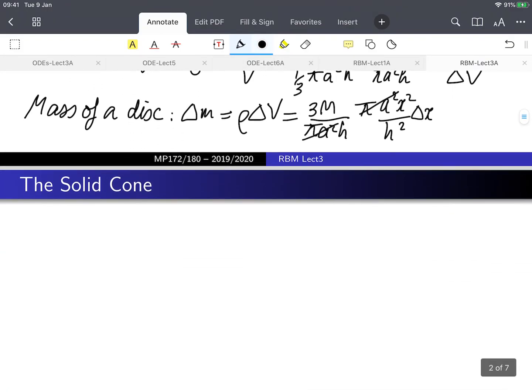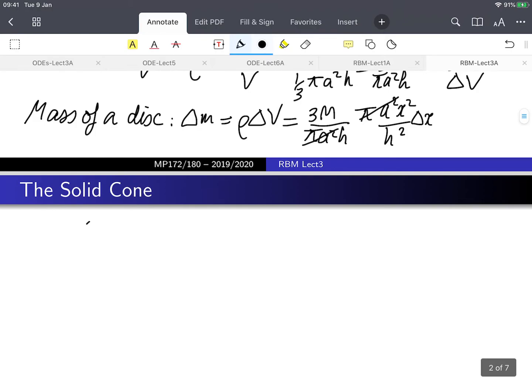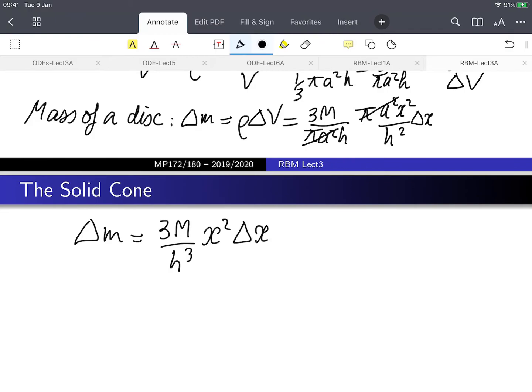So delta M equals 3m over h cubed, because there's h squared times h, and then I have x squared delta x. So now I have all the elements to find the position of the center of mass.